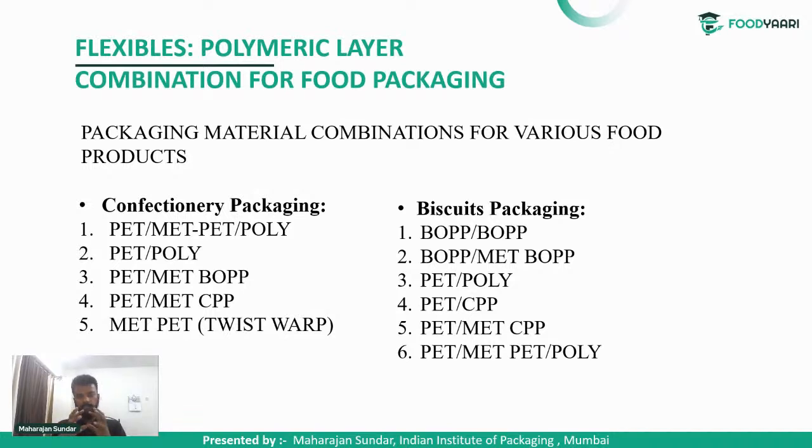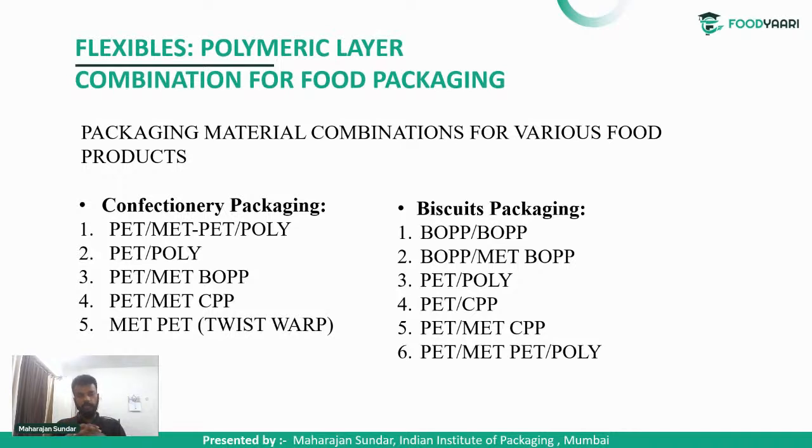Okay, now I will show around 10 to 15 various types of packaging layer combinations for different packaging products. For example, confectionery packaging: it is PET, MET-PET, which is metallized polyethylene terephthalate, and poly, which is generally polyester.